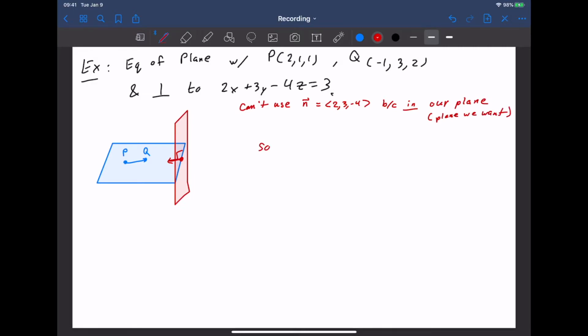So the actual n equals PQ cross 2, 3, -4. And that's what we would do to get the normal vector.